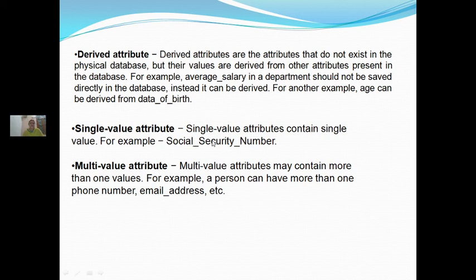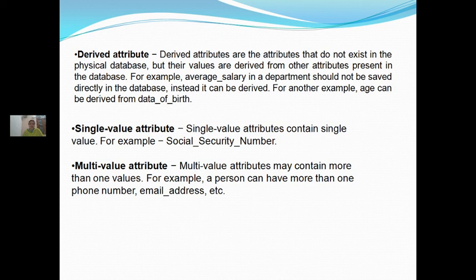The next type of attribute is the single value attribute. A single value attribute contains a single value, for example, social security number. Now the next type is the multi-value attribute. A multi-value attribute may contain more than one value.